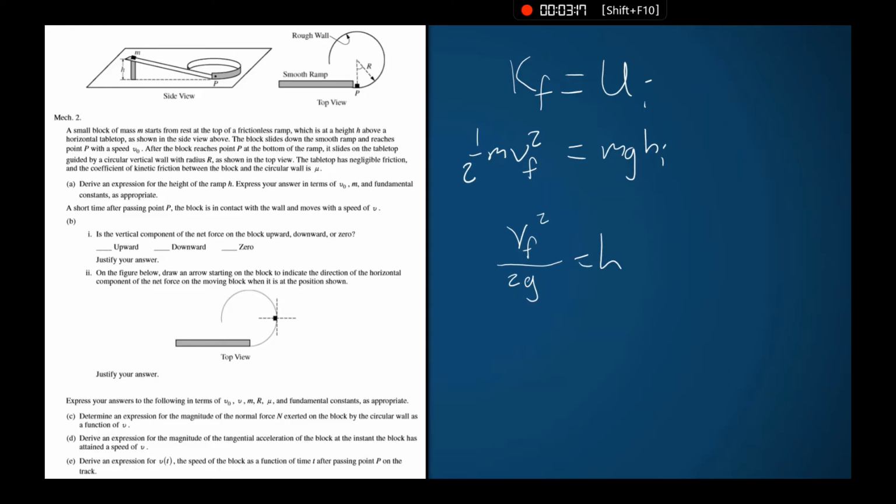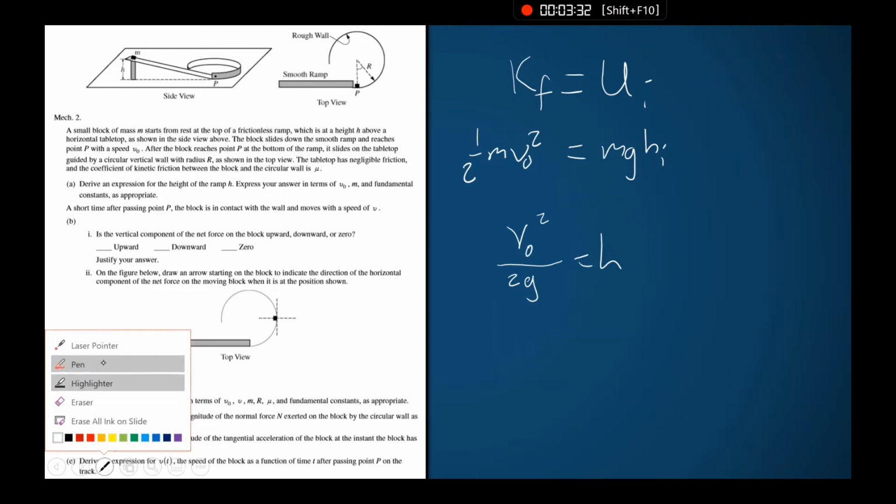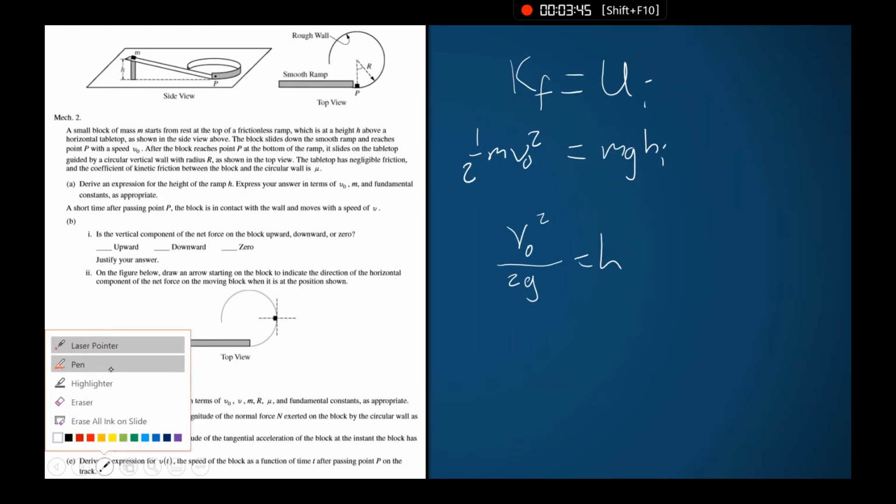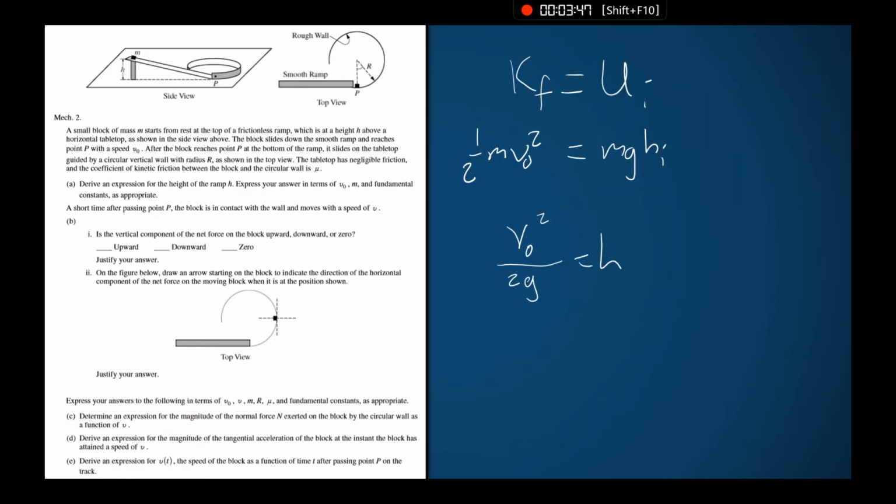Oh, okay. Our subscripts are different. The initial velocity, they've said, is the initial velocity at point P. So I'm going to subscript this v0 just so that we match what they wanted us to express this in terms of. So that was here. Express our answer in terms of v0, and v0 is what the speed is at point P. Any questions, part A?